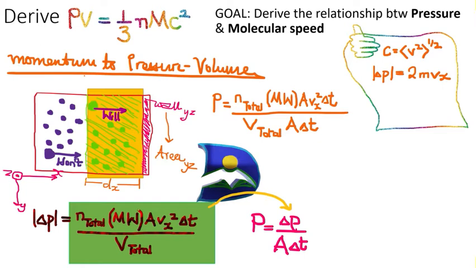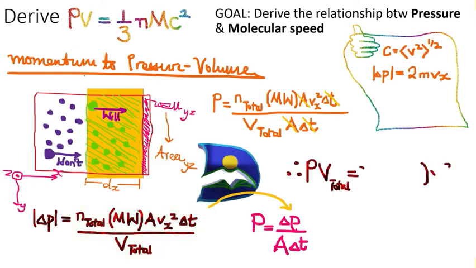And we notice here that the numerator and the denominator have the same variables. For example, time is common and area is common. Once those cancel out, it means that in total the pressure is independent of the area and the time, which is fascinating.